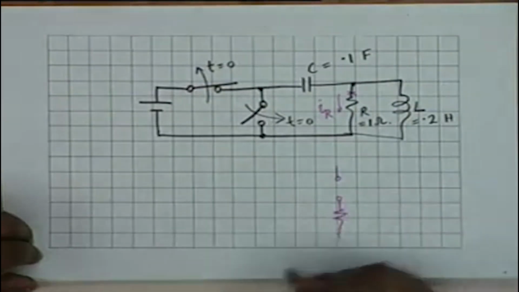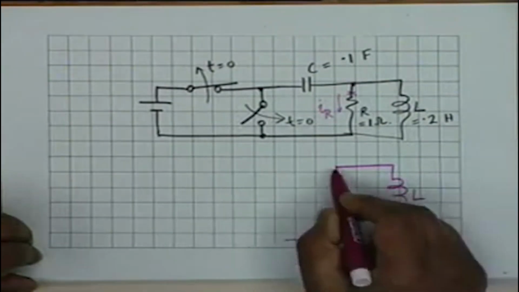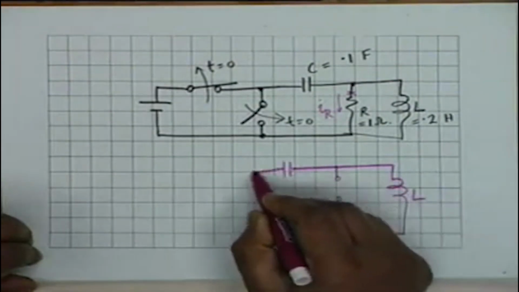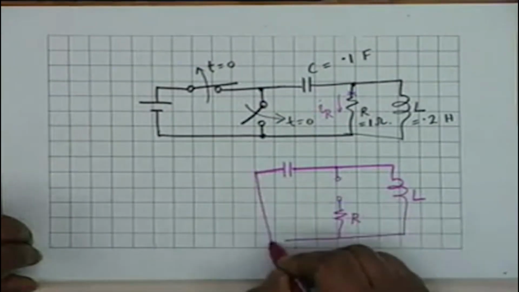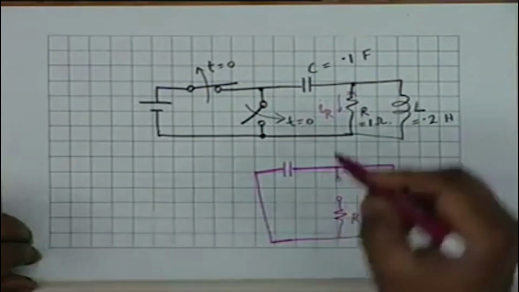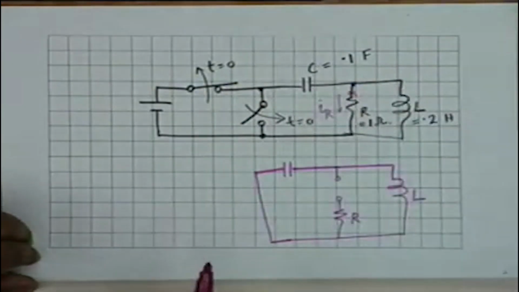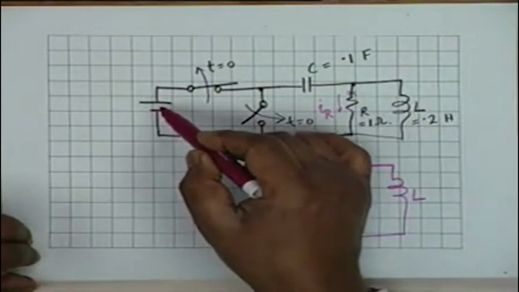So our circuit then shall look like this. There is a break here, R, and we have an L, and we have a C here, which ultimately becomes shorted through this switch. There is an initial voltage on the capacitor, which would be exactly equal to the voltage at the source.